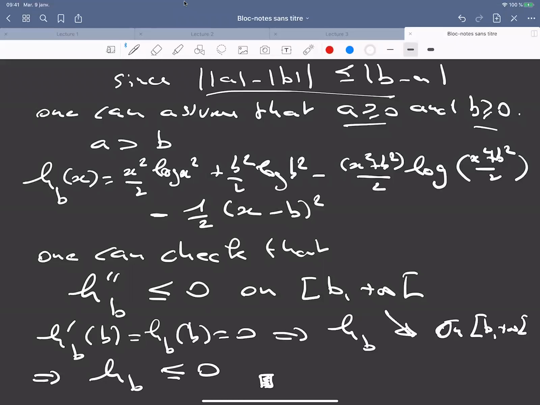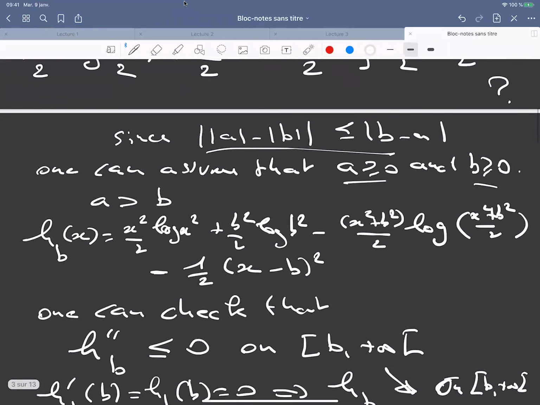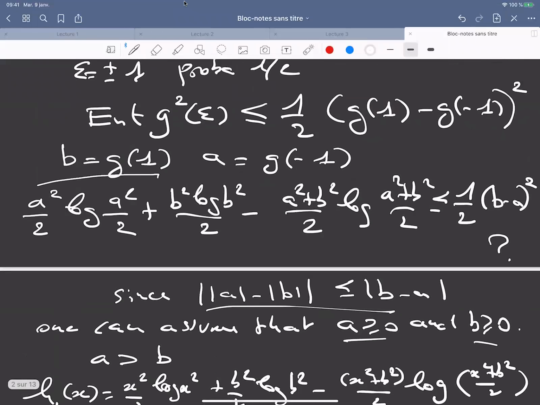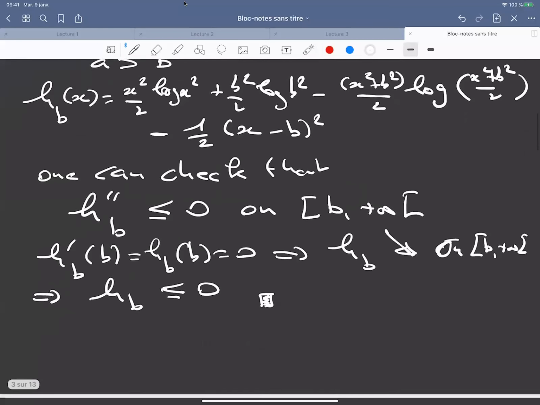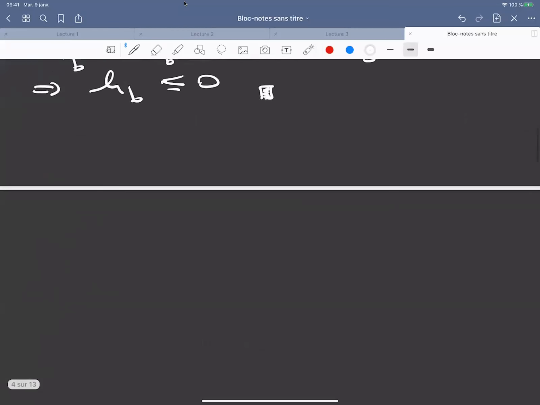So you have proved the simple inequality that you wanted, that is the inequality here. Okay, so we have proved the discrete log-Sobolev inequality.